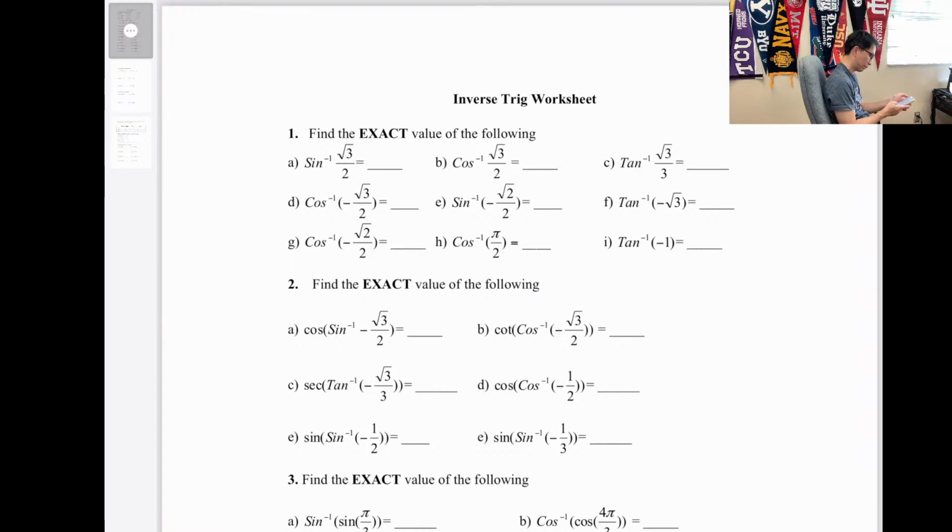Where's the 5 or 3? Oh no, it's pi over 6.